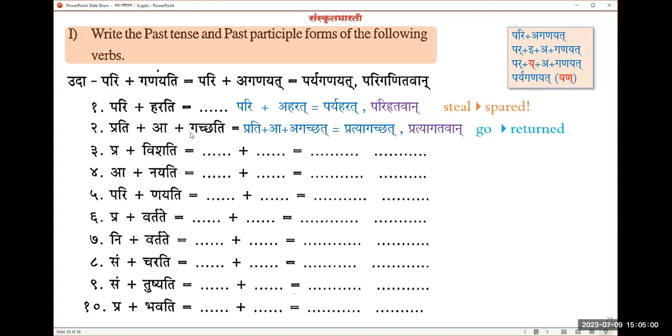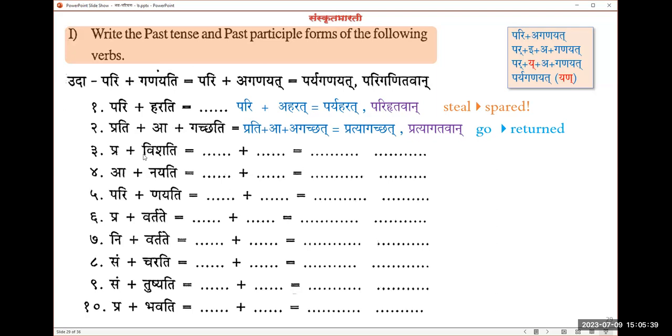Third one is pra plus vishati. So it is pra plus avishat. But how does it happen in lat? Praveshati? No. Are you complicating your life? See, there is a, and what is the first letter in vishati? Va, not i. That's where we get stumped. We look at this symbol and think of guna, vriddhi, and our brain blows up.